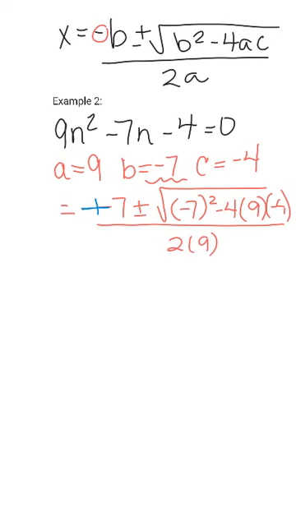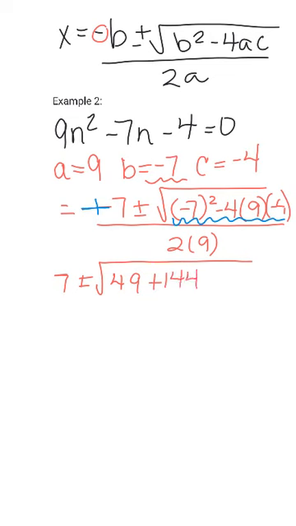Okay, again, in your calculator or PEMDASing, I would start under the square root here. So I'd have 7 plus or minus the square root, negative 7 squared, a negative times a negative is a positive 49. Negative 4 times 9 times negative 4 is a positive 144.